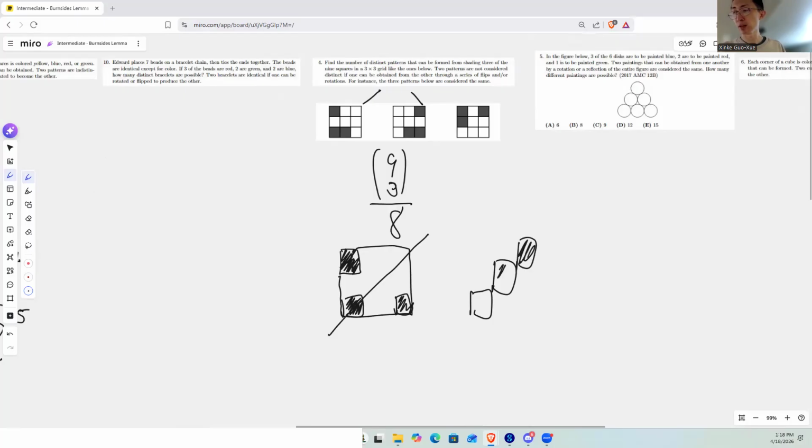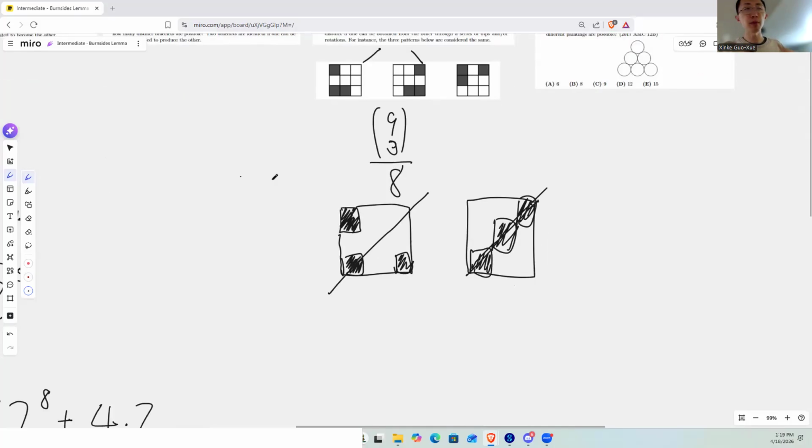A 180-degree rotation about the center of the square fixes this square. This reflection fixes this shape, and the identity also fixes this arrangement of 3. So, okay, that doesn't work. So we have to use Burnside's lemma to account for the symmetries.